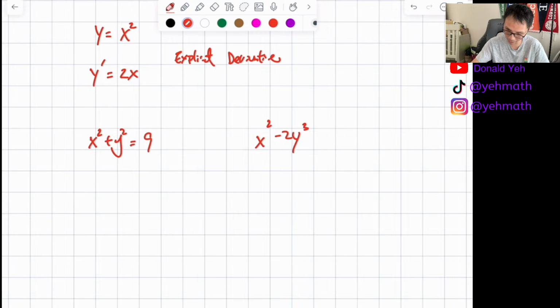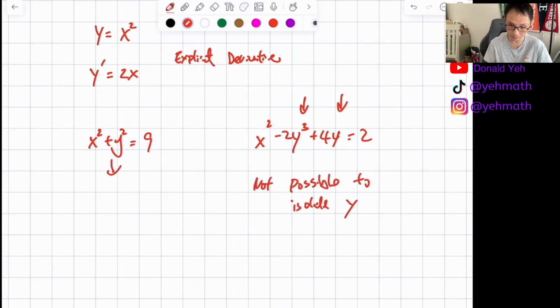Now, this cannot be explicit, because you cannot solve for y. There's no way for you to isolate this y. Algebraically, it's not possible for you to isolate this y. In the earlier case you can isolate y, but you can take an implicit derivative both ways.